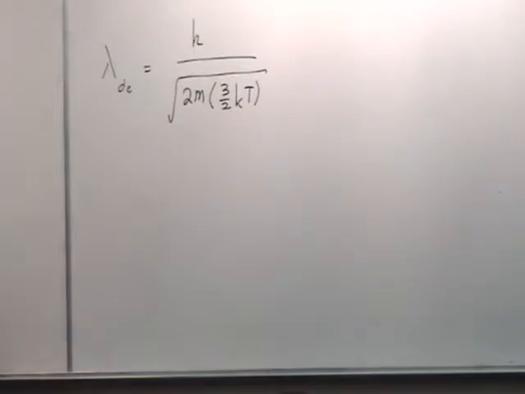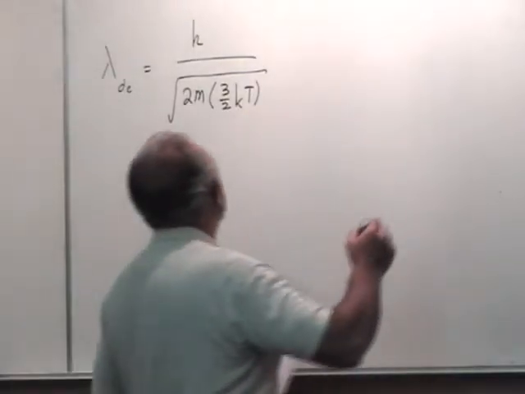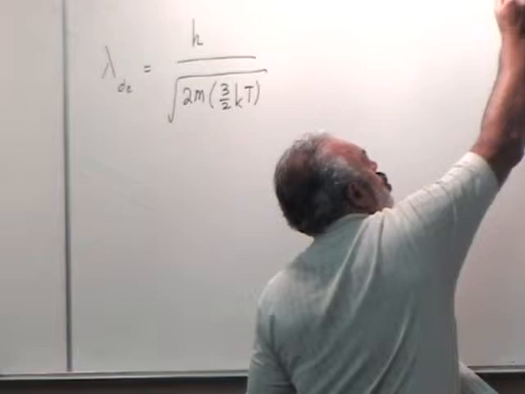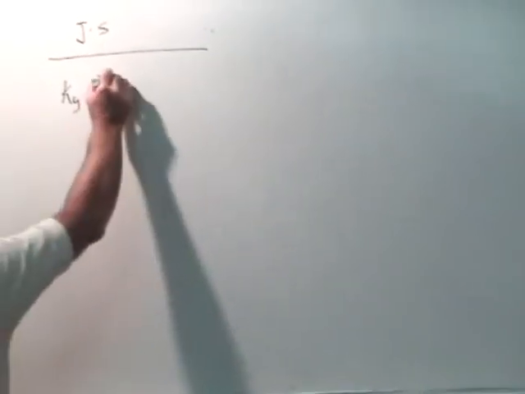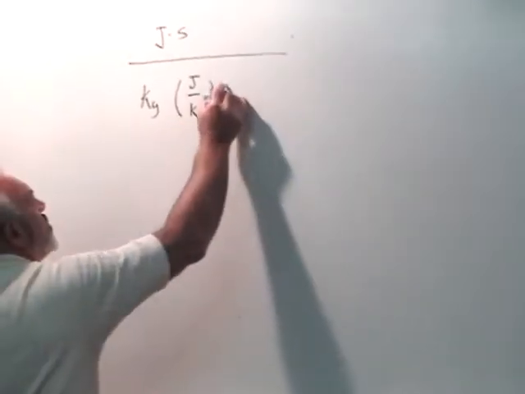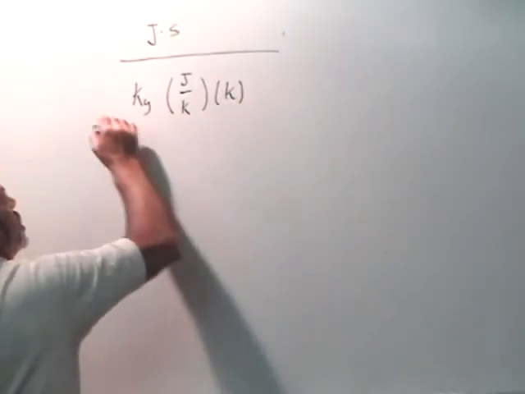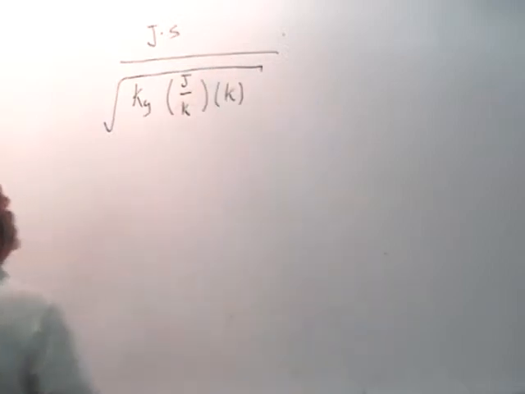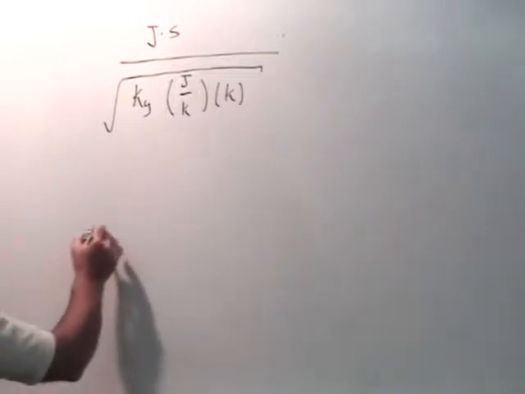So actually off to the side, I went over here and said, well, of course, h is joules times seconds. Downstairs we have kgs, and then joules per Kelvin, kelvins, and the square root like that. Well, we can break it down to fundamental units and then it becomes obvious.